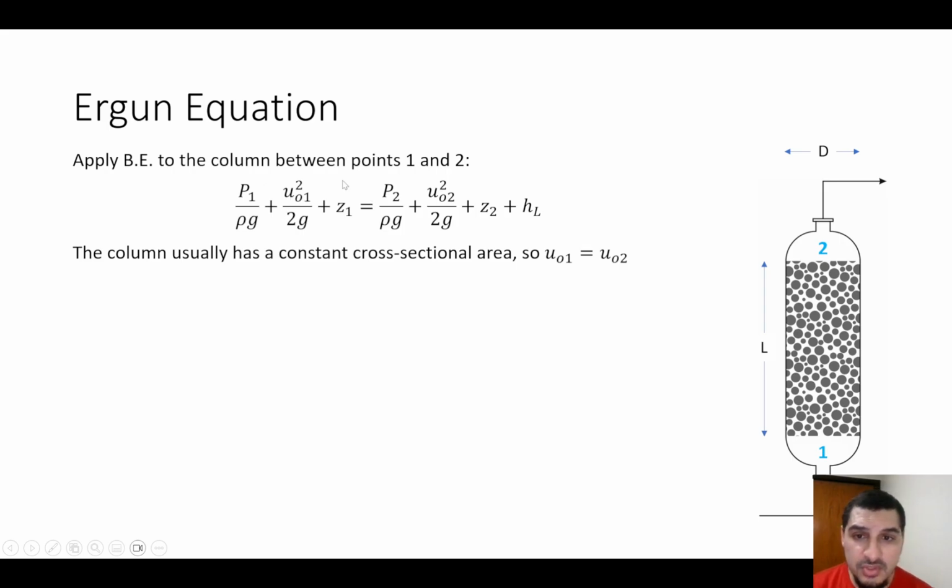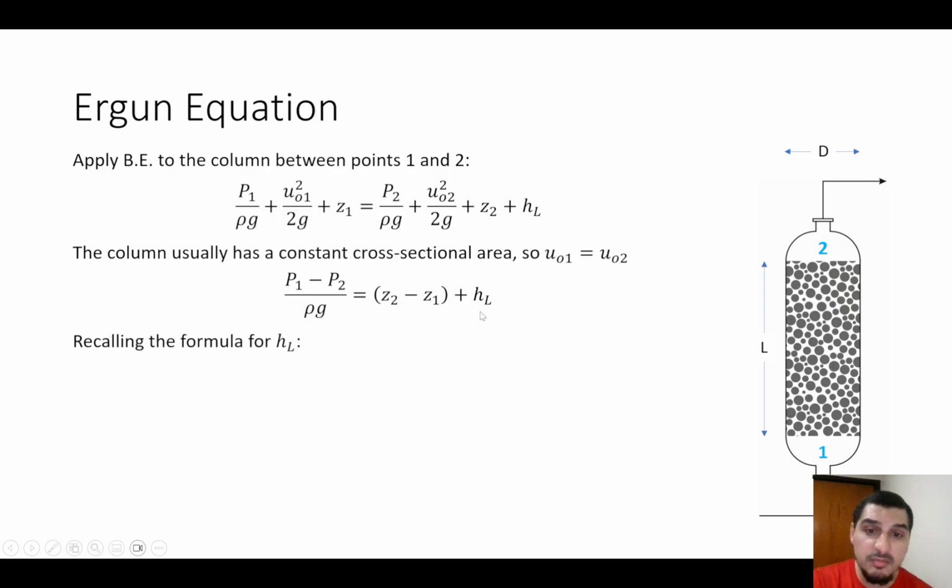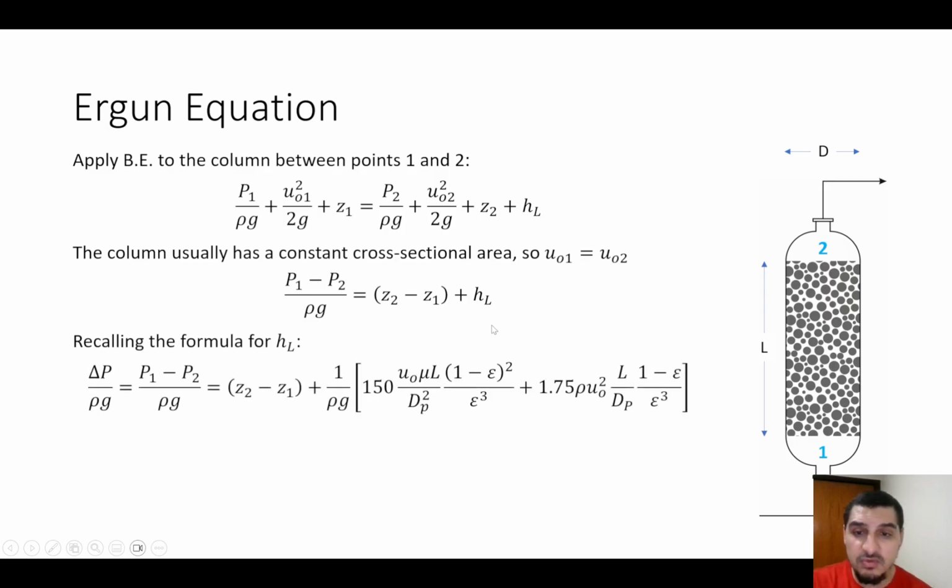We want to find the pressure drop, which is P1 minus P2. So it's going to be Z1 minus Z2 plus HL. This is delta P over rho G. And we can plug in the formula for HL that we had before, and this is the equation that we have. So it's still the same equation for head losses plus delta Z.